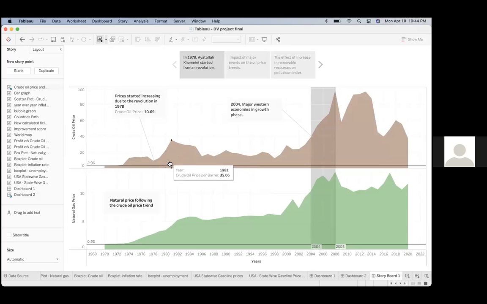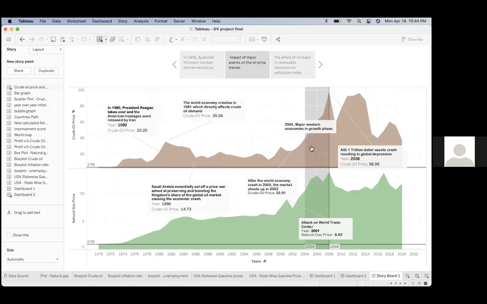Next, in 2004, the major Western economies went through a growth phase and the crude oil prices went up. In 2008, there was a major AIG insurance crisis and the world economy entered a very bad recession. In 2010, approximately, things started looking much better with the infusion of a lot of capital.